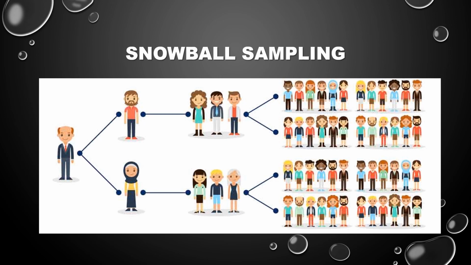So, for example, your study is about the experiences of COVID patients. COVID patients are really hard to find because of the confidentiality. So, you might be spotting one person, and that person will be referring you to the next one whom he or she is aware has COVID. So that is snowball sampling.